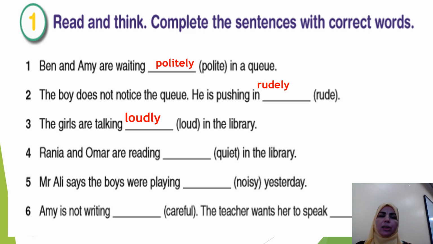Number 4, Rania and Omar are reading quietly in the library. Excellent. Number 5, Mr. Ali says the boys were playing noisily yesterday.